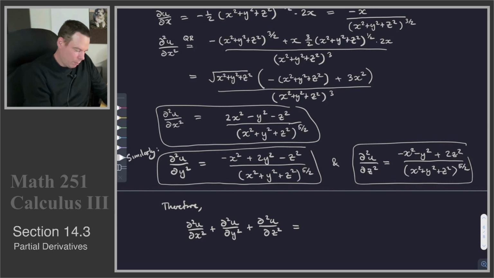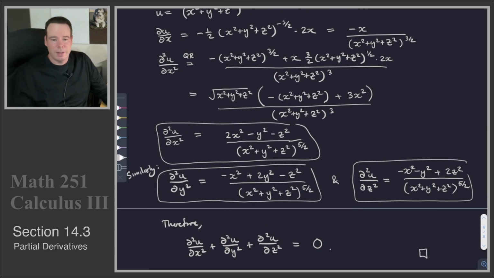And if I notice what happens when I add them all up, they all have the same denominator, but what I end up doing is I add the 2x squared in the numerator to a negative x squared and a negative x squared. So those would all cancel. And then I have a negative y squared, a 2y squared, and another negative y squared. So those all cancel. And similarly for the z. And so we get that the sum is actually 0. And so we've just verified that.